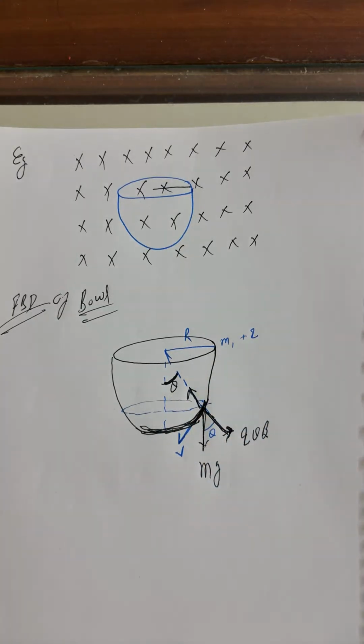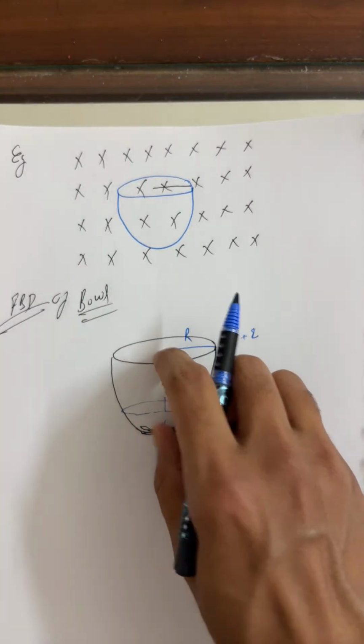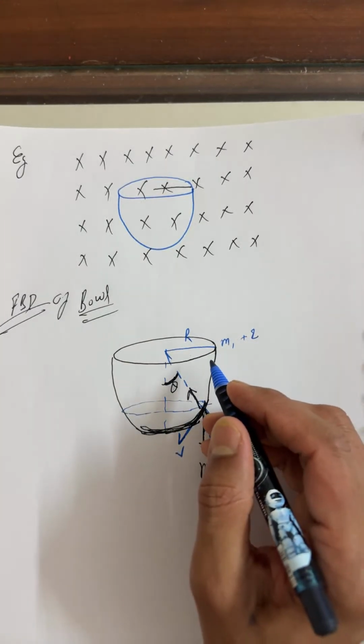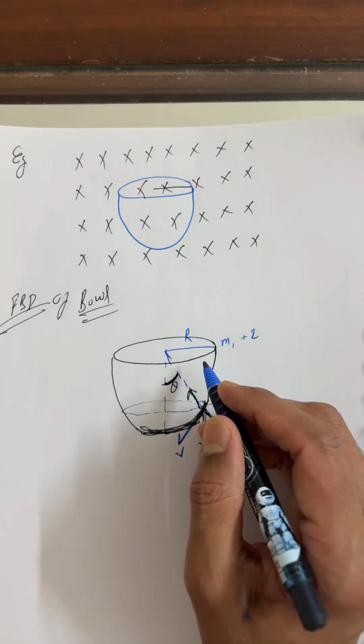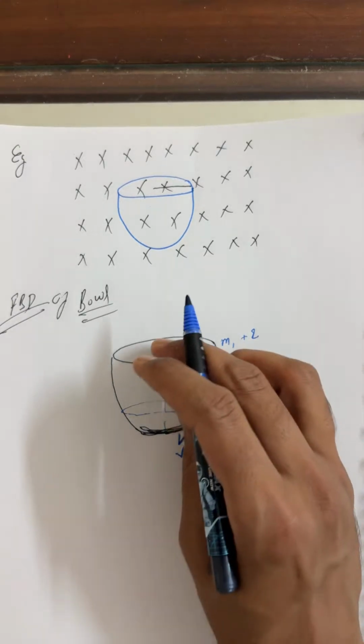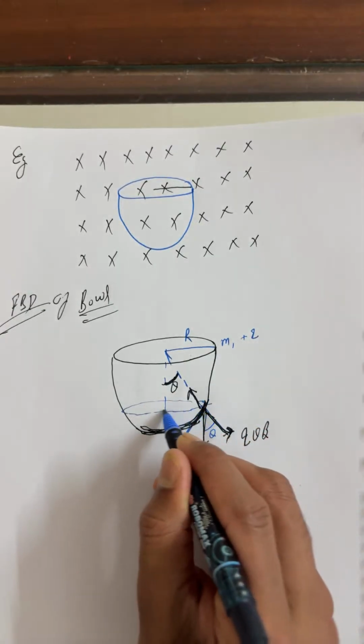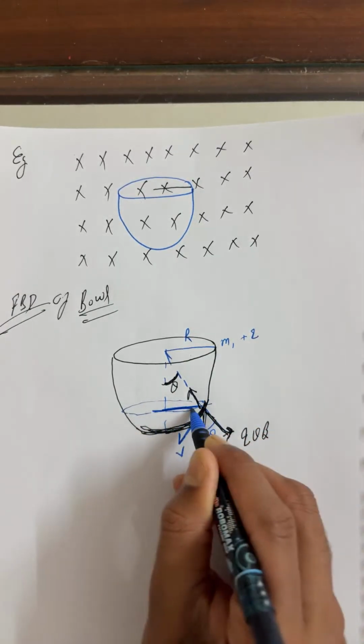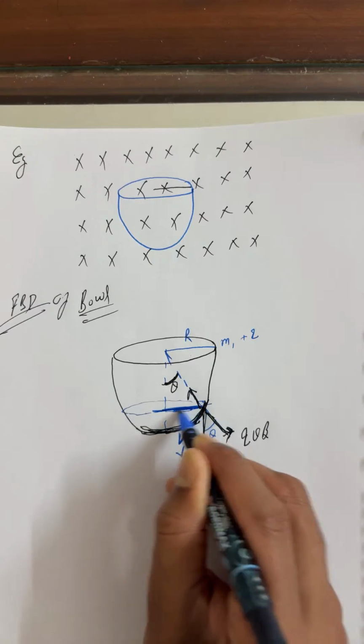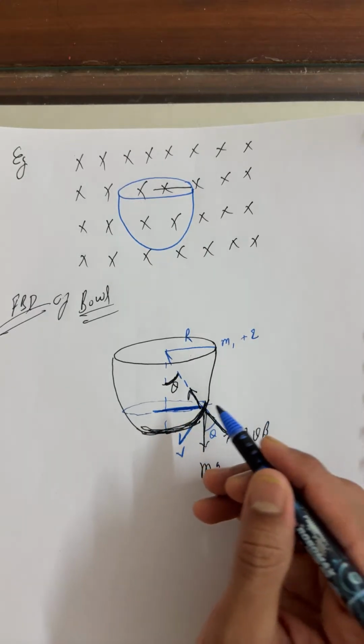So this is r cos theta, and this is r sin theta here. The entire length is r. This entire distance, you can just take the component r cos theta, so this is the distance from here to here. I'm just teaching you work, power, energy here.